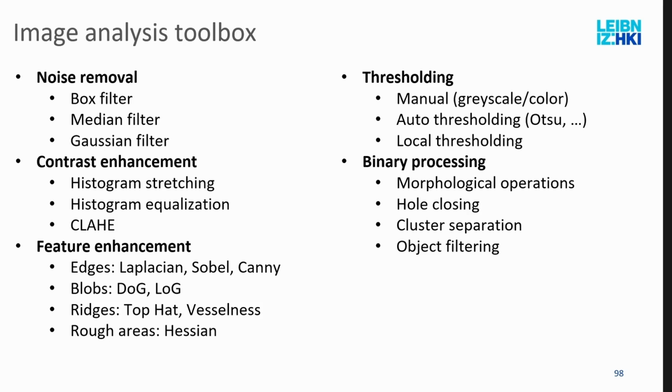Then if your features are not already bright, like bright cells on a dark background, you need to do some enhancements so they become bright compared to whatever you're not interested in. Then you can use different thresholding methods, for example auto thresholding with Otsu, and the resulting thresholded images you may or may not have to process further to achieve what you really want out of that.